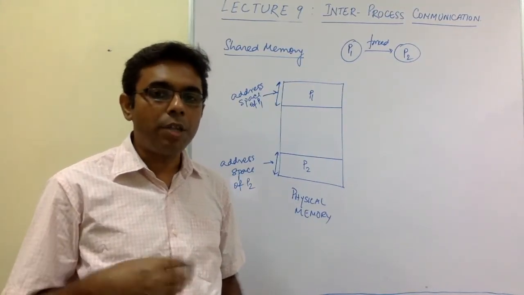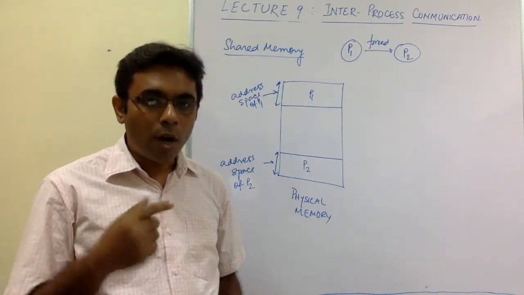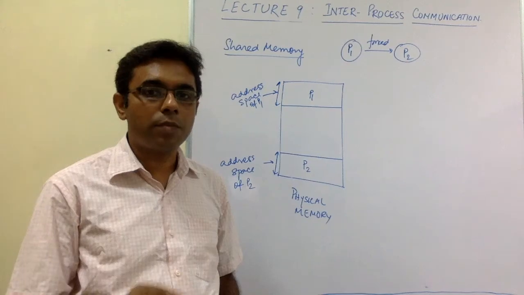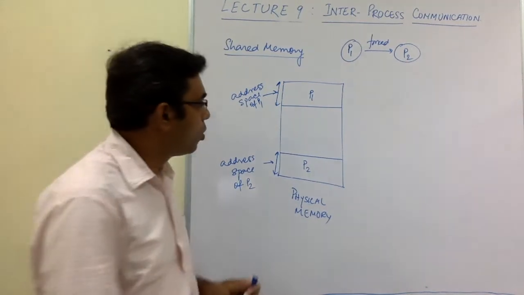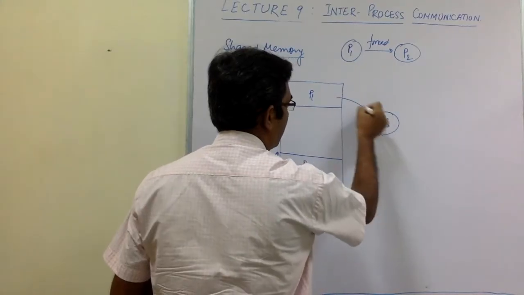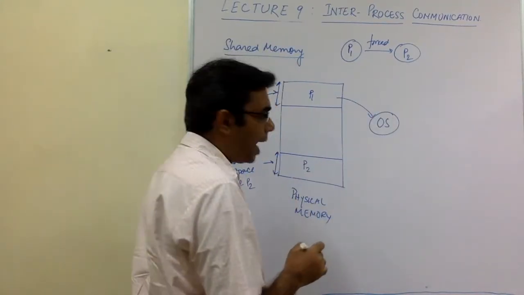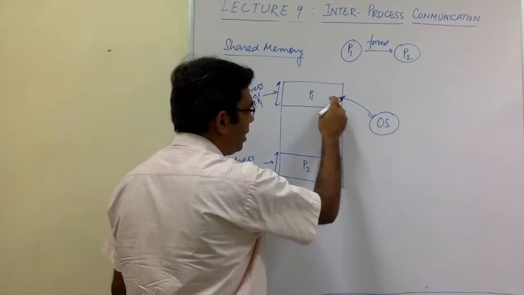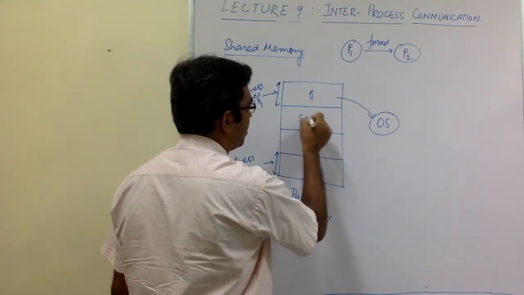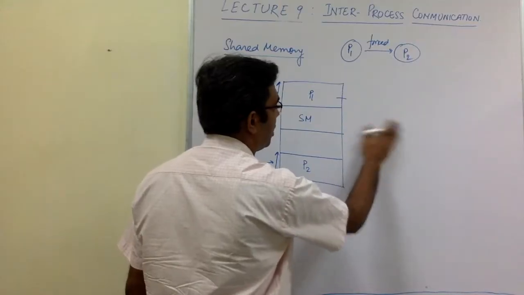In order to make use of one of them, one of the processes which would like to communicate has to request for such a segment. So one of the processes would request for such a shared segment, and the OS would provide P1 with a shared memory segment. So let's say this is the shared memory segment that has been created.